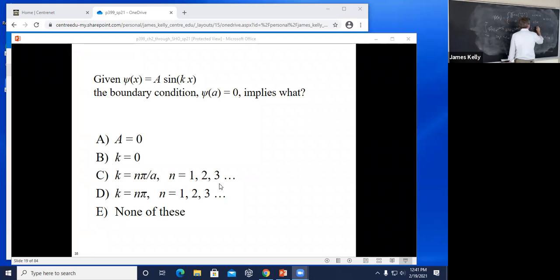We said k was shorthand for √2 m E over h bar, and that means that E is equal to h bar squared k squared over 2m, or p squared over 2m, if you like. So if you plug in the allowed k's, you'll get the allowed E's. That tells me that E n is n squared pi squared h bar squared over 2m a squared if you plug in the allowed n.